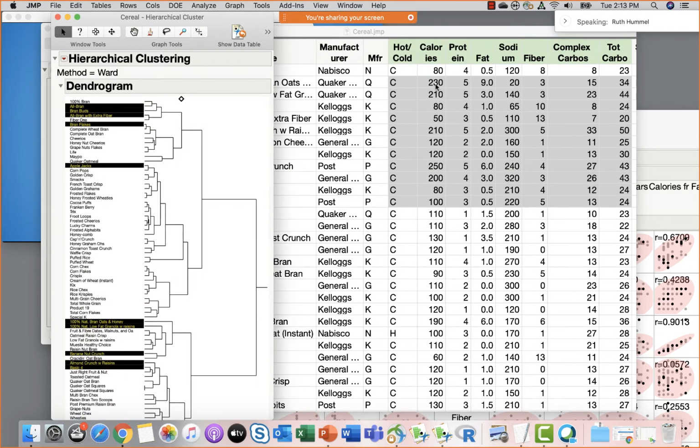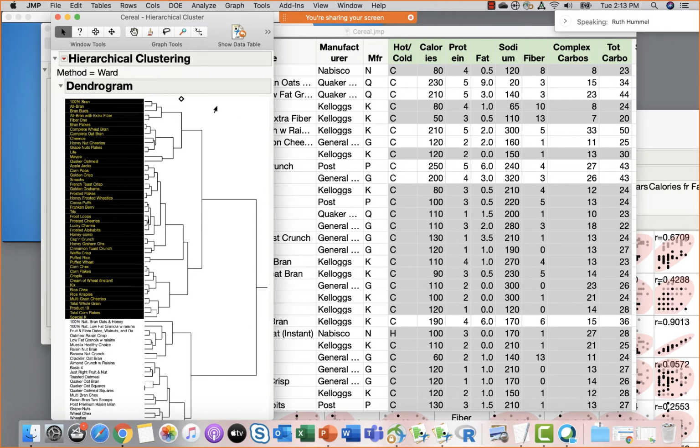So if I click OK, I see first of all this dendrogram, which gives me the name of each row. When your data set's really large, these will get smushed down and much harder to see. If I had 2,000 rows here, it would be much harder to see this, but you can zoom in and stretch things if you want to, or you can hover over something to see its name displayed for you. And we see this little caret.